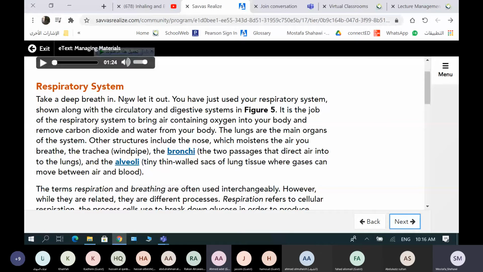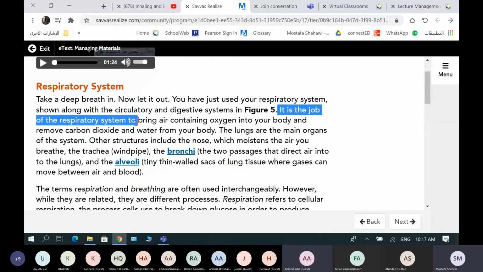Respiratory system. Take a deep breath in. Now let it out. You have just used your respiratory system, shown along with the circulatory and digestive systems in Figure 5. It is the job of the respiratory system to bring air containing oxygen into your body and remove carbon dioxide and water from your body. The lungs are the main organs of the system.